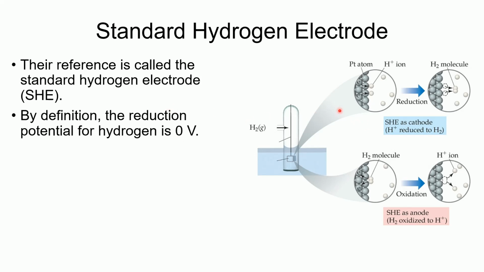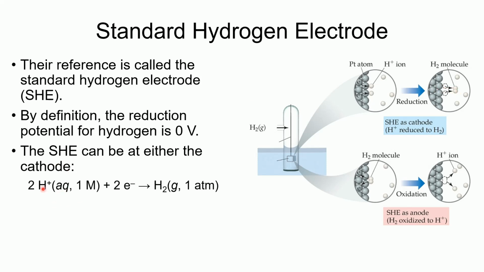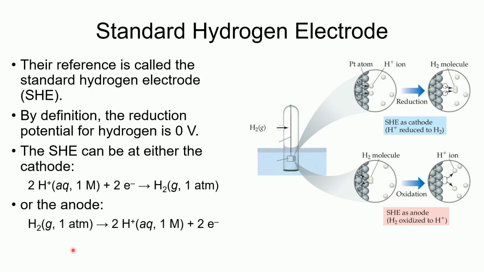Sometimes the standard hydrogen electrode will act as the cathode, and if it acts as the cathode, that's where it's getting reduced. So hydrogen ion is getting reduced to form hydrogen gas. Here is that reaction. Sometimes it will act as the anode, and if it acts as the anode, hydrogen gas will get oxidized to form hydrogen ion.